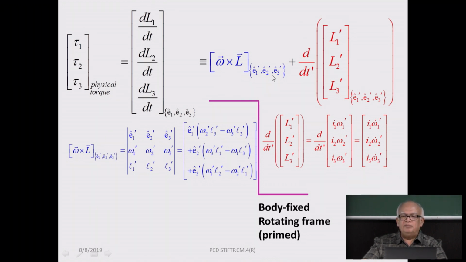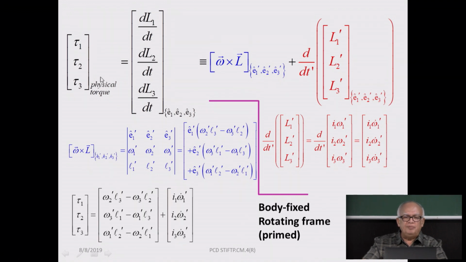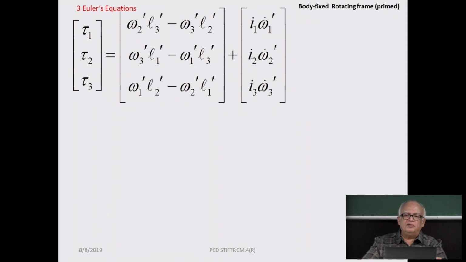And then you add up these two to get the physical torque, and the physical torque is now given by these terms. So the first matrix is coming from the blue term, and the second is coming from the red term, and the sum of the two is what is involved in the Euler equations. So these are the same equations, there is nothing new about it, but we are writing the Euler equations in different forms so that we can solve this.